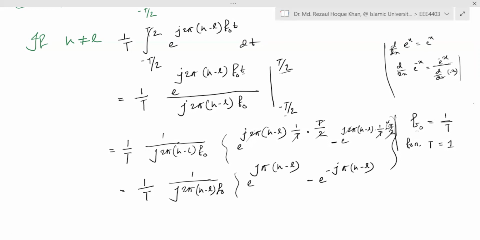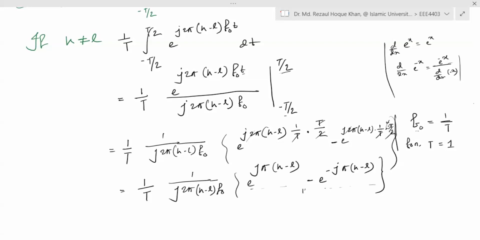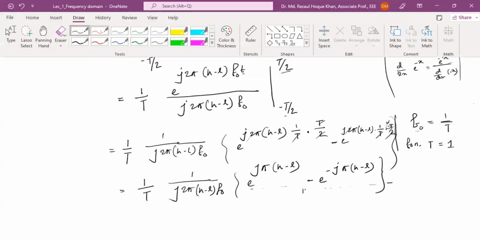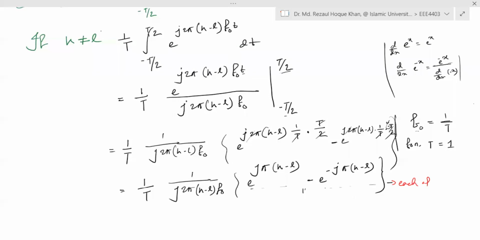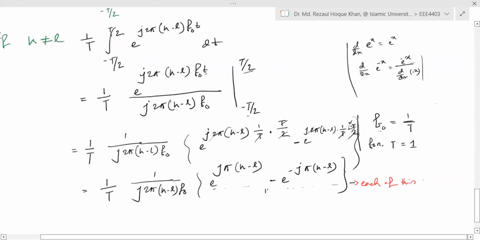Now here we can see this is a complex sinusoid. So this is also a complex sinusoid. What is the phase difference between them? Each of these exponents is a complex sinusoid.